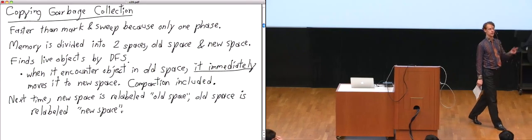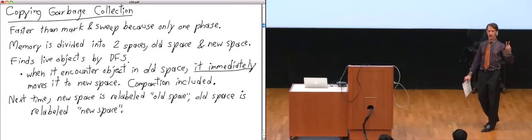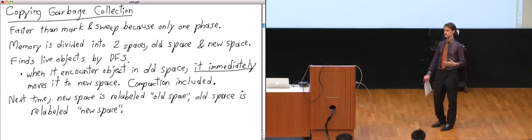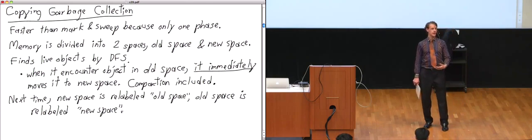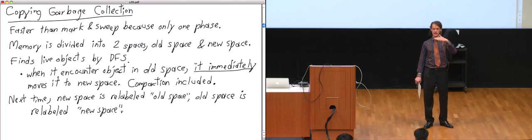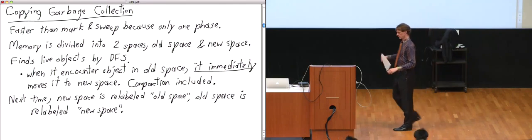So after two passes of copying garbage collection, the objects have swapped from one space to the other and then back to the one they started in. And if an object happens to live for a long time, it can swap back and forth between the two spaces many, many times.